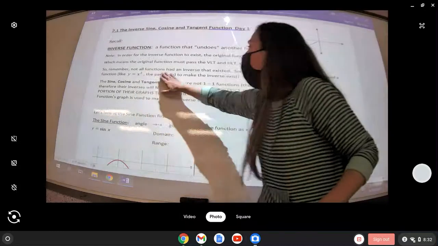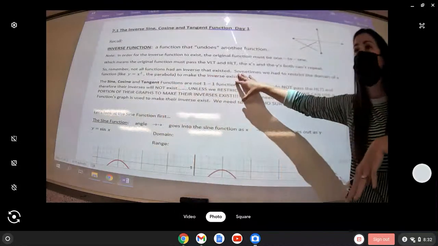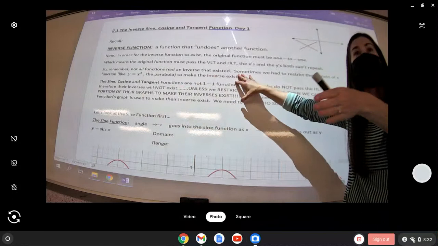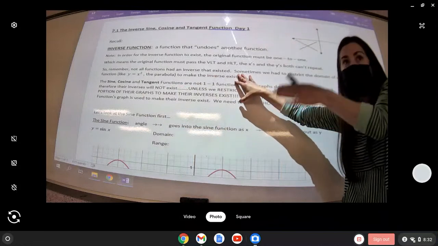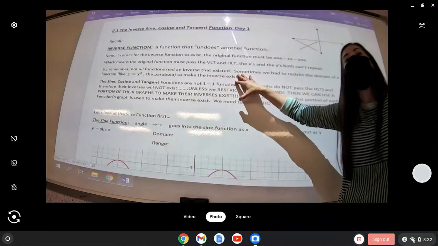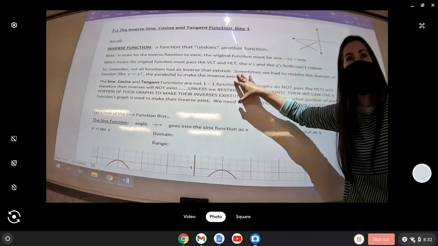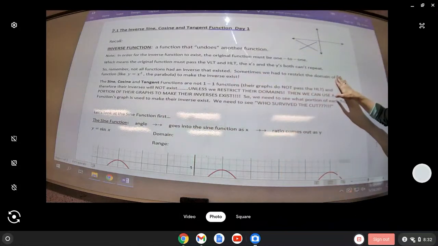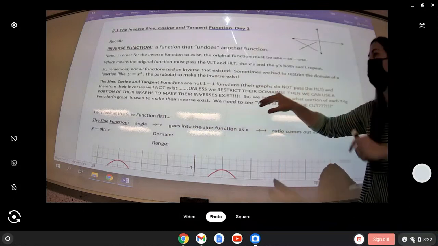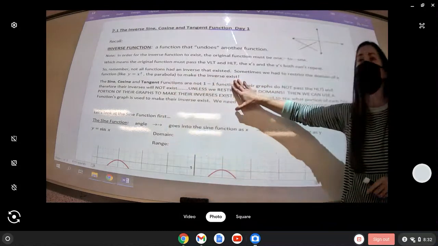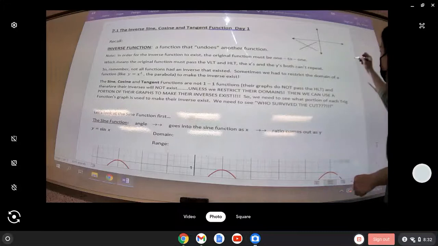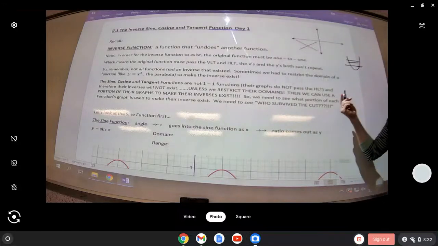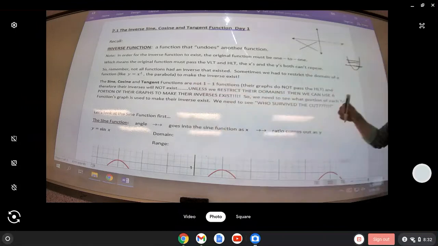So remember, not all functions had an inverse that existed, because some functions have y-coordinates that repeat. They're not 1-to-1. So they can't have an inverse that would then be a function. So sometimes we had to restrict the domain of a function, like the parabola, y equals x squared, to make the inverse exist. If you guys remember, the parabola doesn't pass the HLT. It's not a 1-to-1 function, which is y equals x squared.